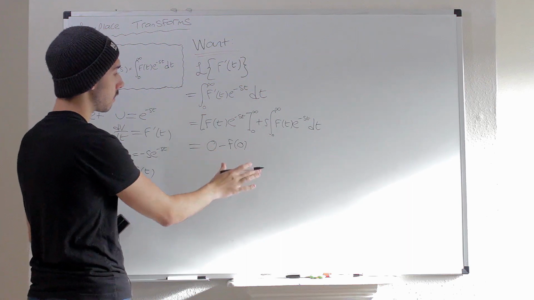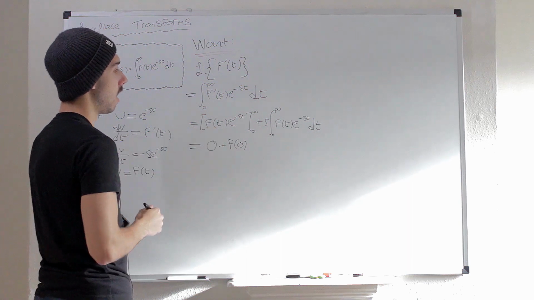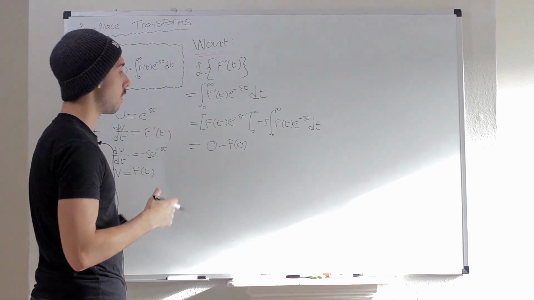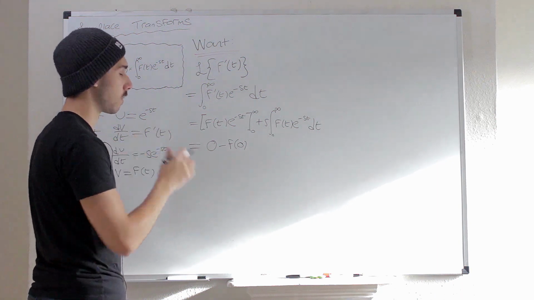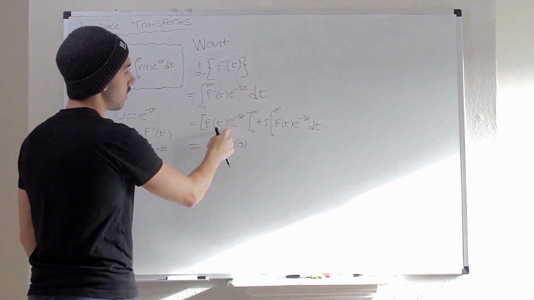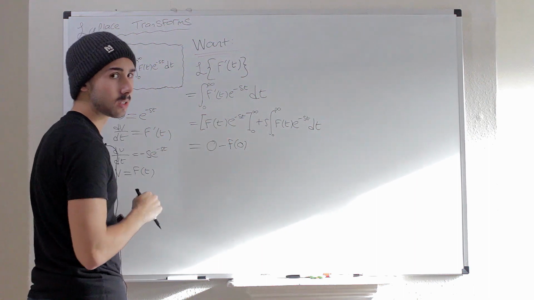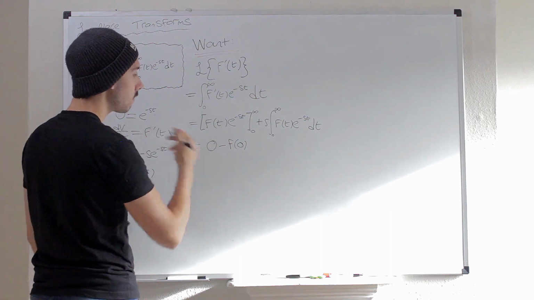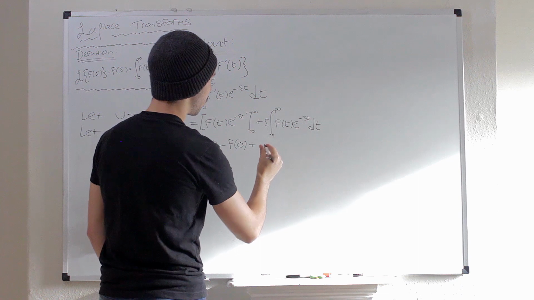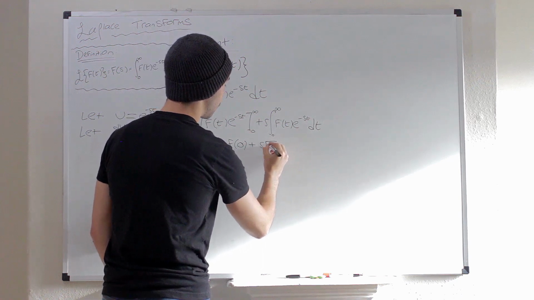So just keep that in mind. f of t cannot be above exponential order, so it can't be things that go to infinity faster than e to the minus st decays to 0, if that makes sense. Okay, that's just a quick note. And again, s needs to be greater than 0, but it's all just formalities, guys.